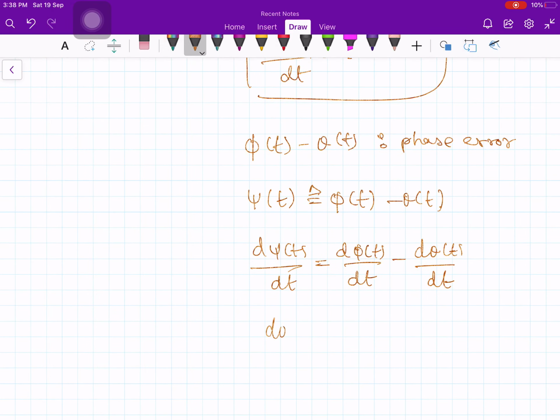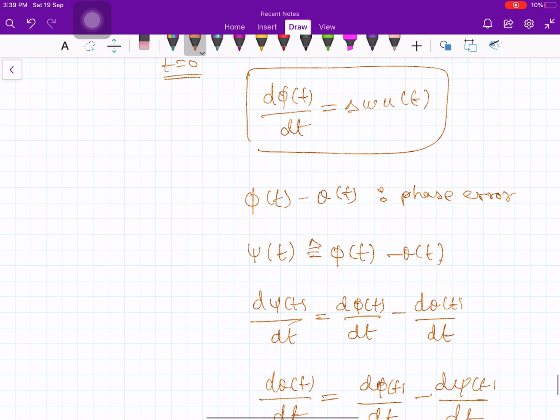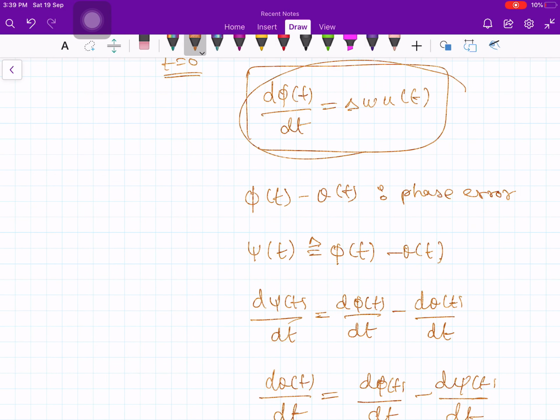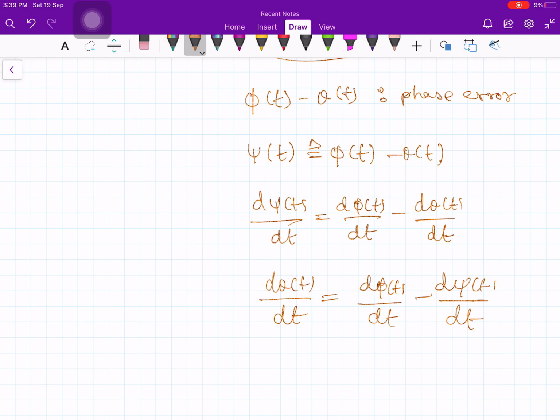Therefore, d theta of t by dt is equal to d phi of t by dt minus d psi of t by dt. But d phi by dt is modeled by what? This equation. D phi by dt is delta omega times u of t. So therefore, you can substitute here.